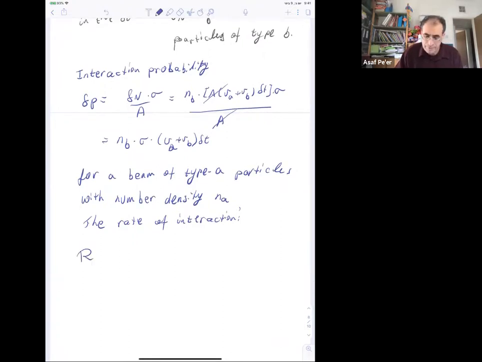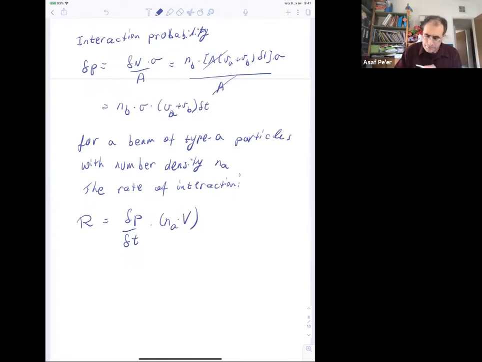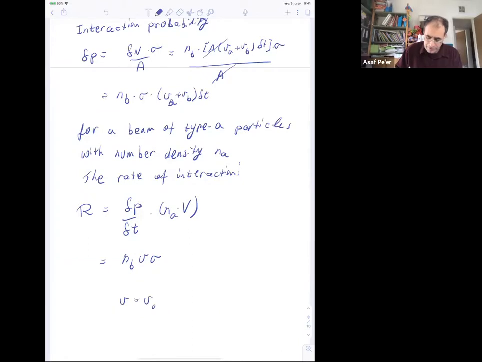So it's the probability of interaction per unit time times the total number of A particles, so that's NA times V. So this is just NB v sigma, where v is just VA plus VB.